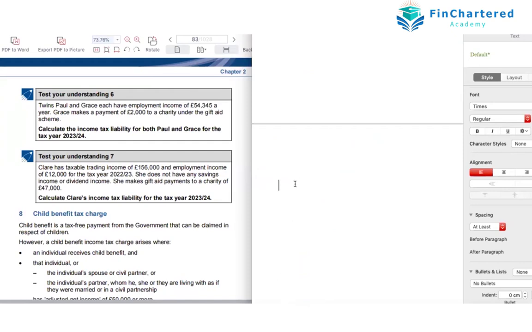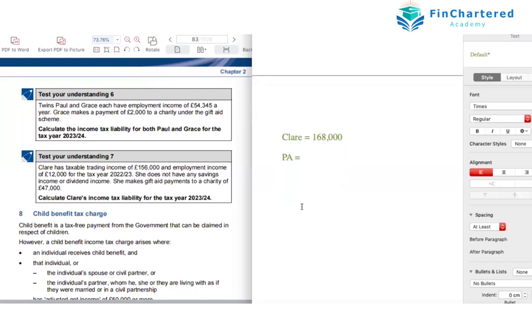Claire has a trading income of 156,000 and employment income of 12,000, which means Claire has an income of 168,000. She has made a donation of 47,000. Now, because her income is more than 100,000, we need to calculate the adjusted net income, and from that reduce 50%.